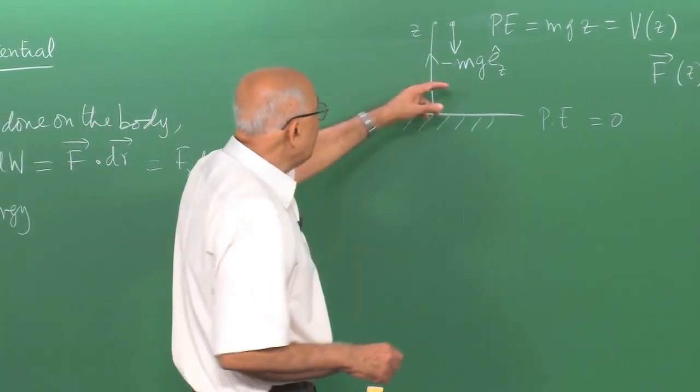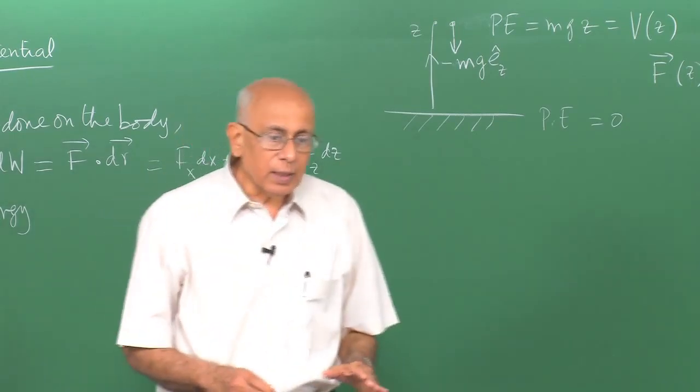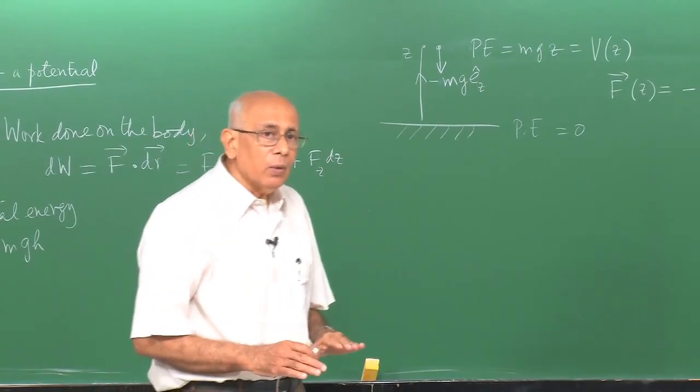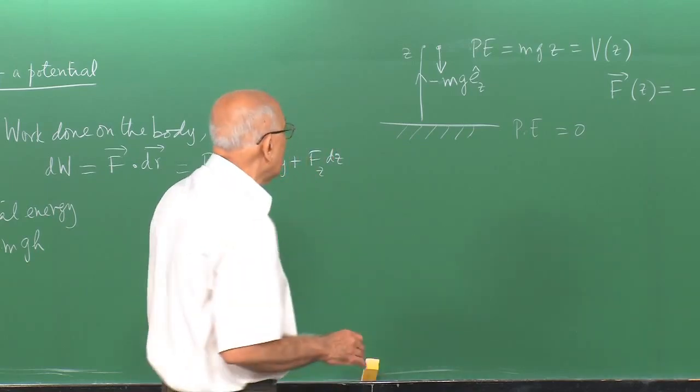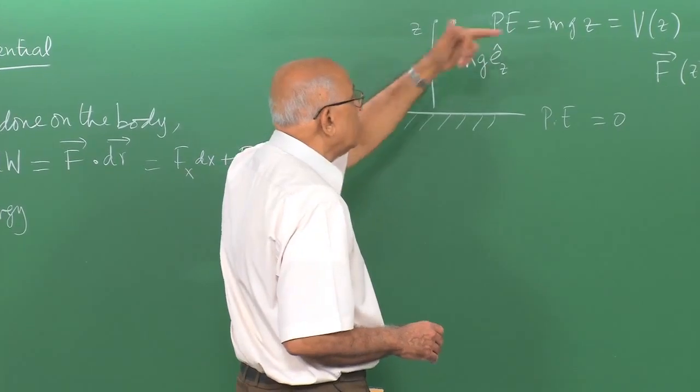Now of course you could put different masses at the same height. So you would like to have a concept which is related to the gravitational force alone without bringing in the specific mass. If I put in some other mass capital M, then again this would be minus capital Mg Ez.